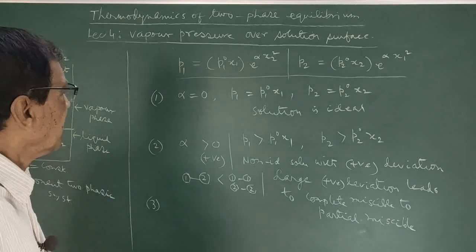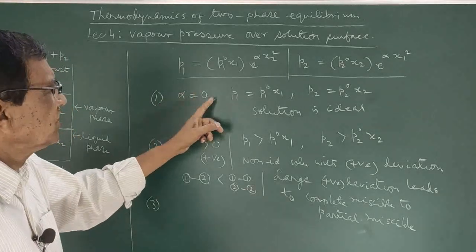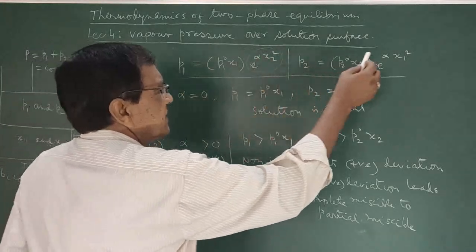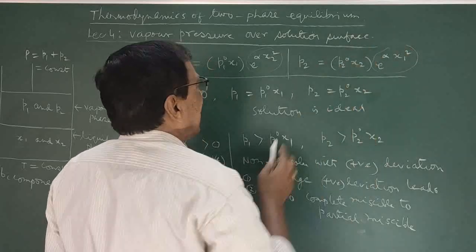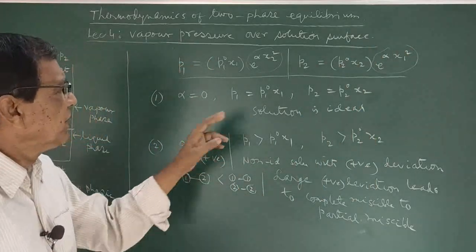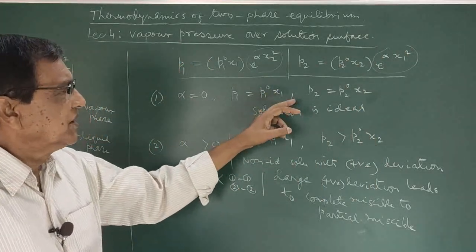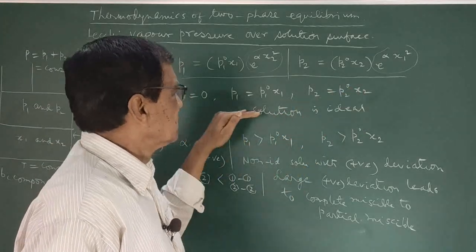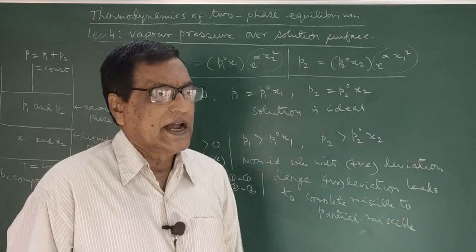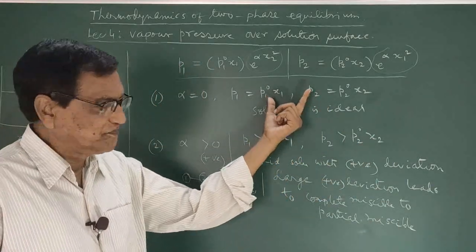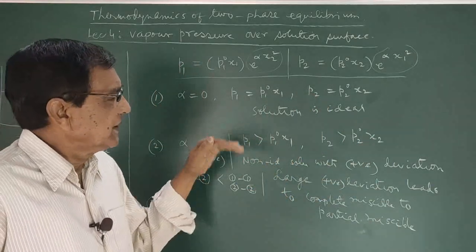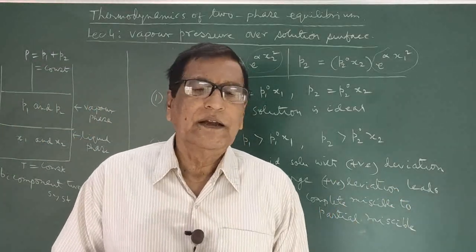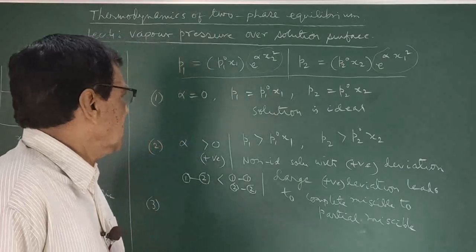When alpha equals 0, this term will vanish, this term also will vanish, and in this case P1 equals P1 naught x1 and P2 equals P2 naught x2. This solution is ideal, and this is Raoult's law, meaning each component behaves independently. This is the criterion for an ideal solution.